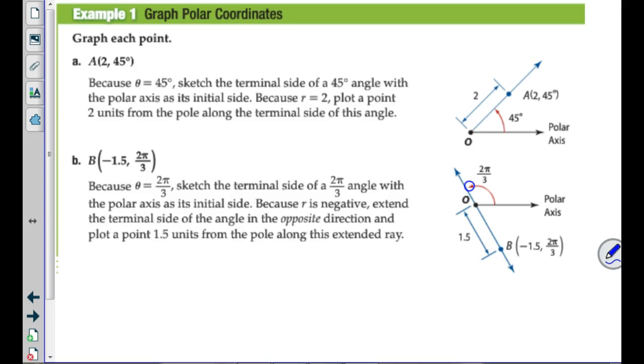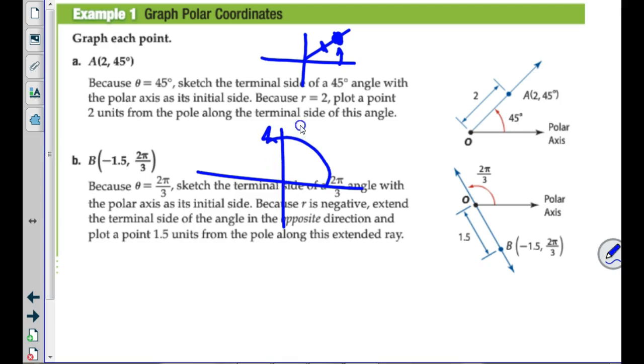All right, these say to just try it without graph paper. So if I had to graph this, I would say I'm going to go 45 degrees and then out exactly 2 units and put my dot where that was, 45. This would be 2 pi over 3, which is in this quadrant, right? 2 pi over 3. Uh-oh, but what am I supposed to do then? Does anybody remember what a negative r meant?